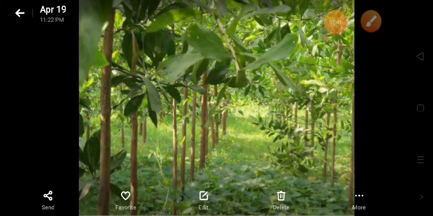Now let us see the trees that grow in hot and damp areas. See, these trees have lots of leaves.